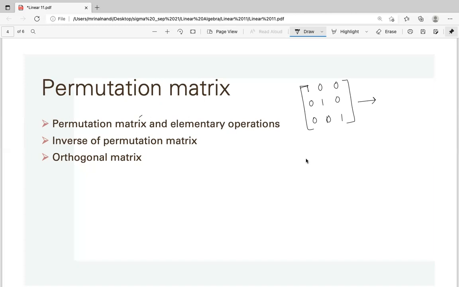Now, what is the determinant? We know that if you apply the elementary row or column operation, then the determinant may be changed. But if the determinant is 0, then it will stay 0. If it is non-zero, it can change to anything.